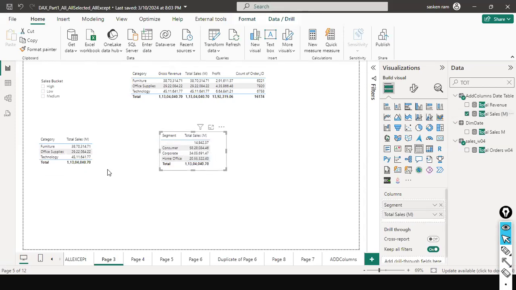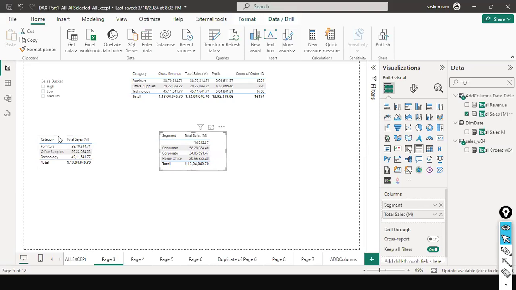In both cases, you can see the total sales value is the same, but the breakdown of the total sales differs. Here it is by category. If you compare the rows, they are different, but the total value is the same in both visuals. The same measure behaves differently because of the environment.